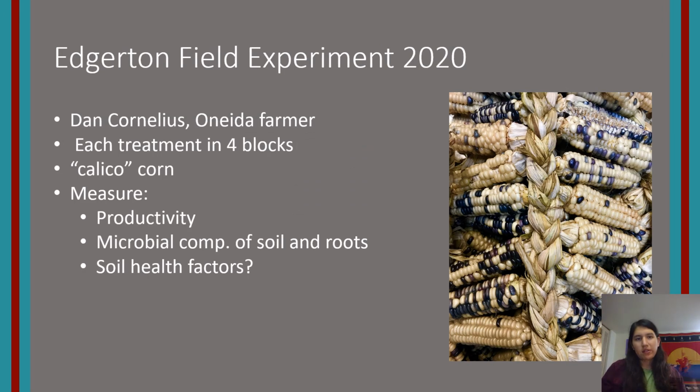And so with that in mind, we had this idea for this next experiment to try to hone in more on these differences. I worked with Dan Cornelius, an Oneida farmer and a technician for Intertribal Ag as well, and we had this field very similar to the Oneida experiment, except we used different cover crops, and we were going to look specifically at productivity, how well the corn did, then also the microbial composition, the microbes living on the soil and the roots, and also how this may affect the soil health further on.